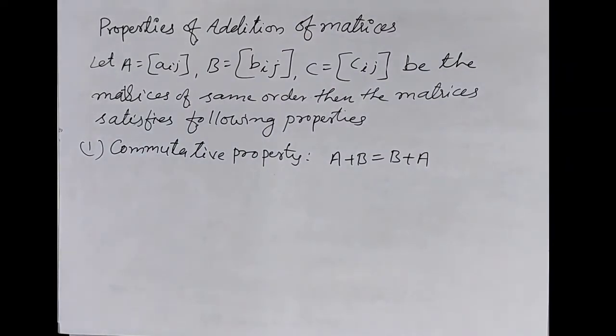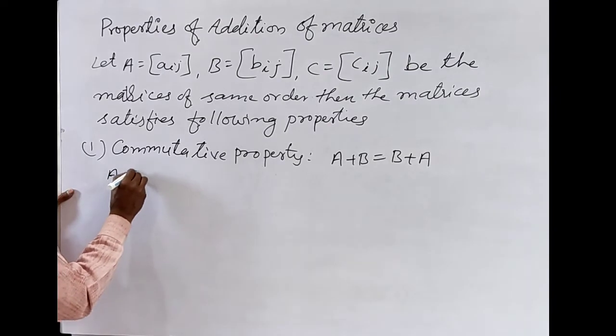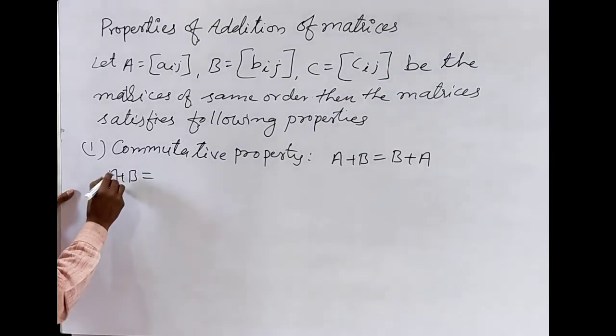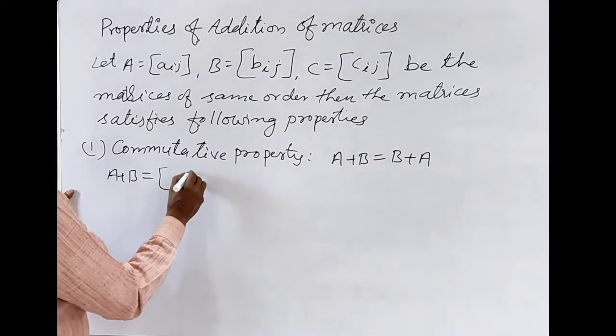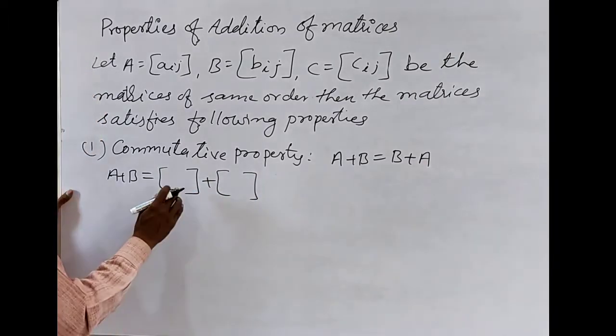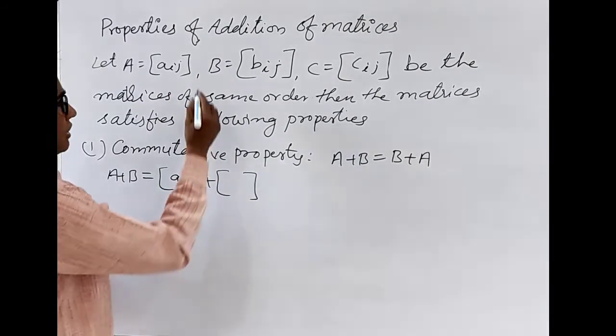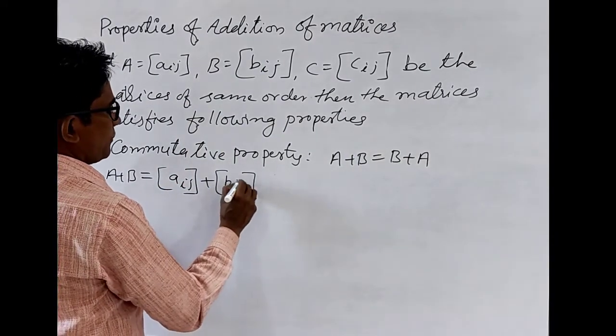Now let us see A plus B. First of all, A matrix plus B matrix. What is A matrix? Aij. What is B matrix? Bij.